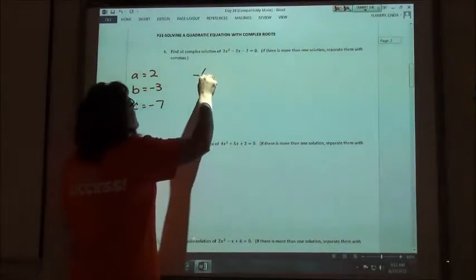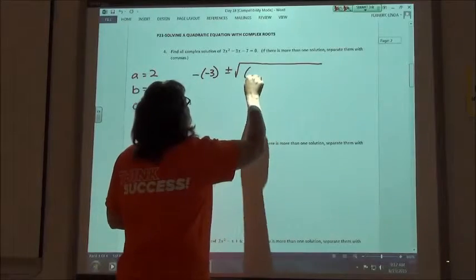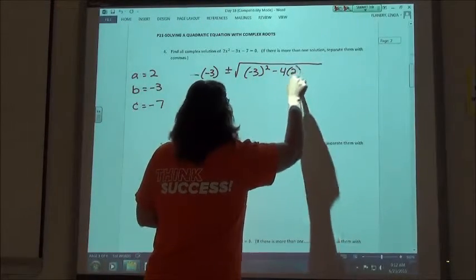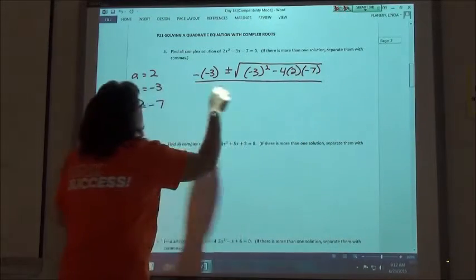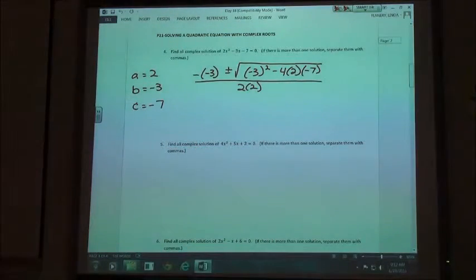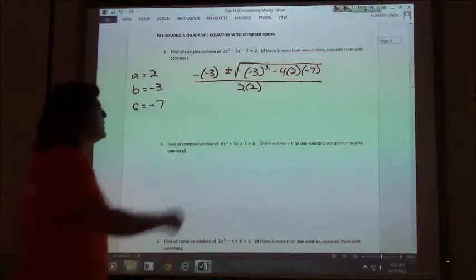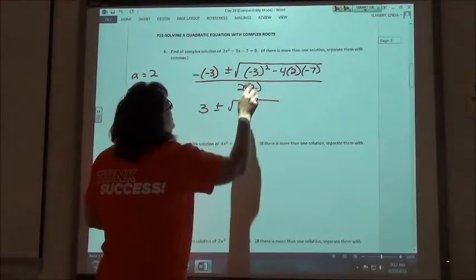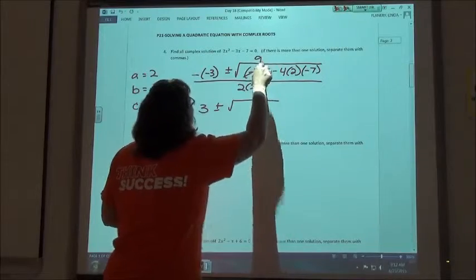So minus the B value of -3 plus or minus the square root of -3 squared minus 4 times the A value of 2 times the C value of -7, all over 2 times the A value of 2. So simplifying that, again, if I have minus a -3, it becomes +3. -3 squared, oh, this one's going to come out to a normal one. -3 squared is 9.